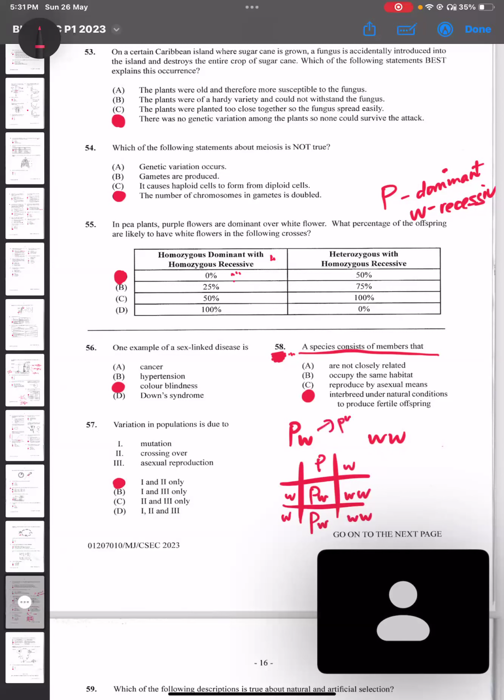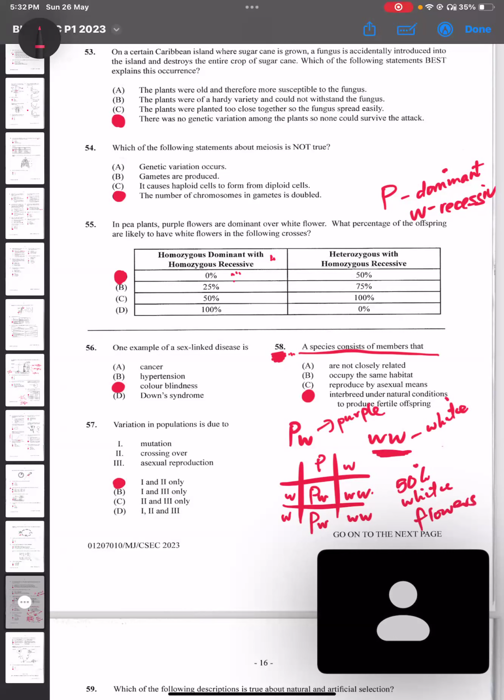PW would be purple, WW would be white. In this case, you have 50%, meaning 2 out of the 4, having white flowers because they have 2 recessive alleles, which would give them the white color.